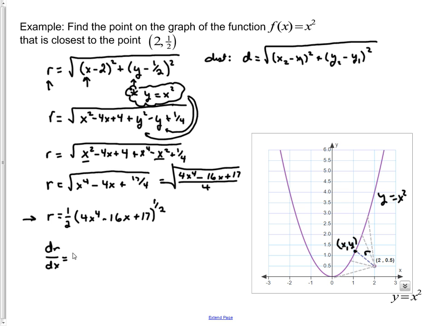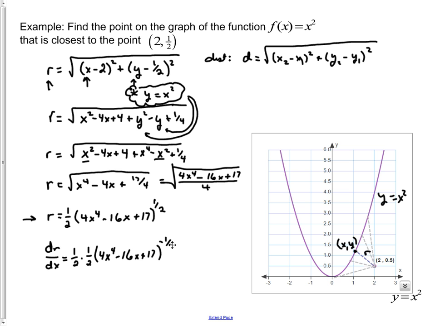That's going to be equal to 1/2 times 1/2 times 4x to the fourth minus 16x plus 17 to the negative 1/2 power.